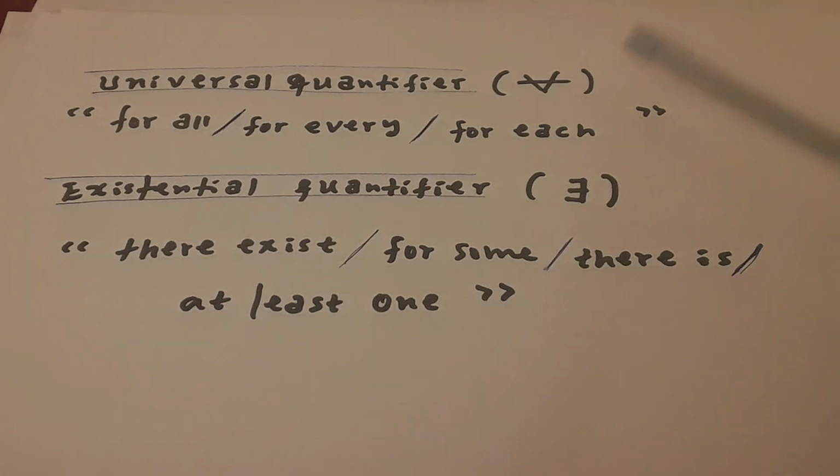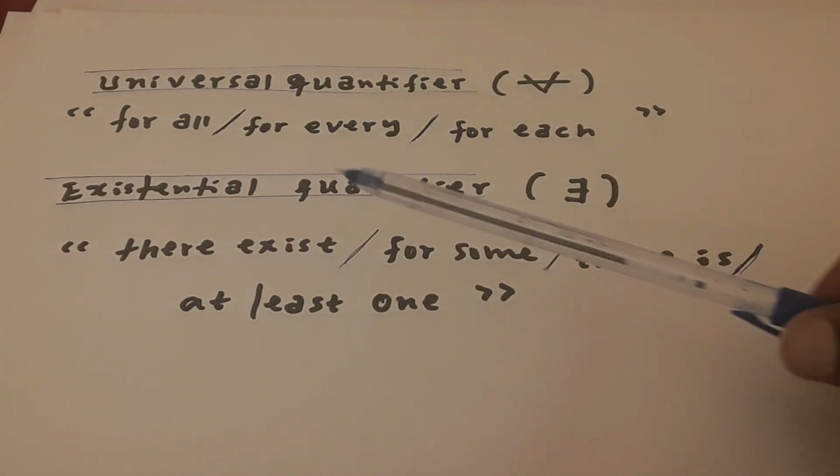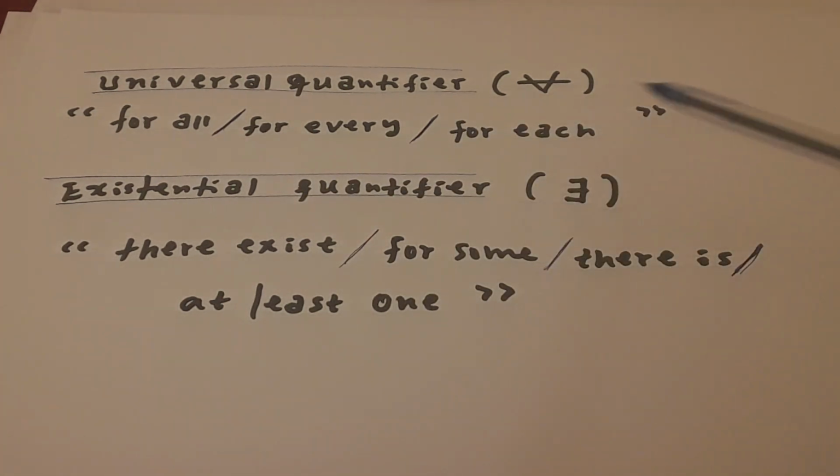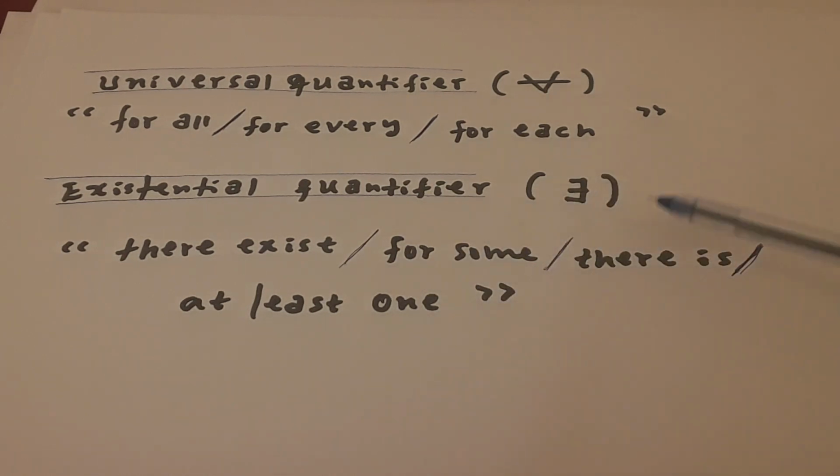We use the upside down A as the symbol of the universal quantifier, and it means for all, for every, for each. The existential quantifier is represented with the backward E, and it means there exists, for some, there is, or at least one. It's pretty easy to study.